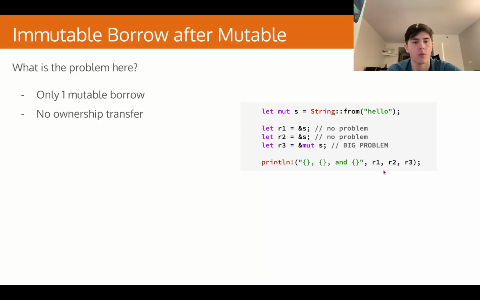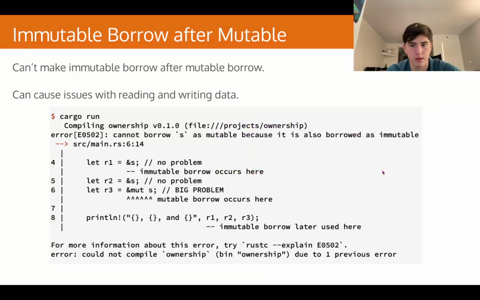Like for example, R1 and R2 here are used after R3, which is not allowed. It would give a big compilation error since you're not allowed to use an immutable reference after you've borrowed a mutable reference. This is a problem because you expect the data in the immutable reference not to change. But once you've changed it, this can have unintended side effects in your code if you don't know what the variable is supposed to be.